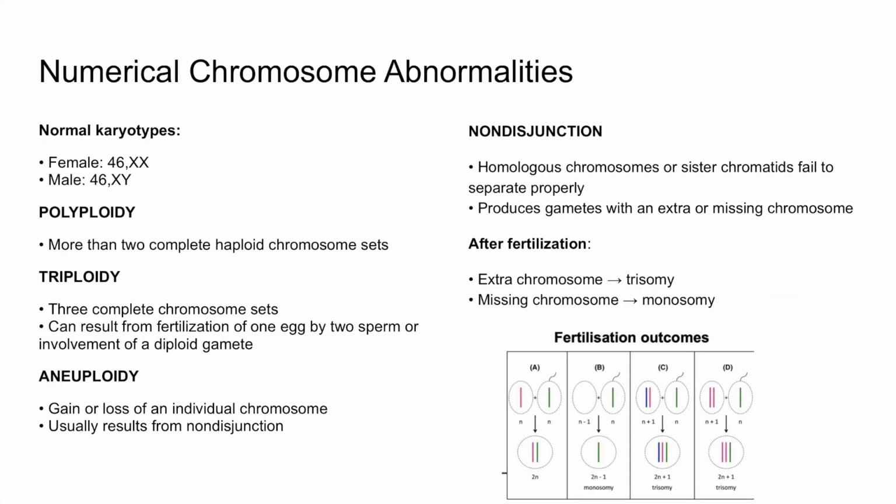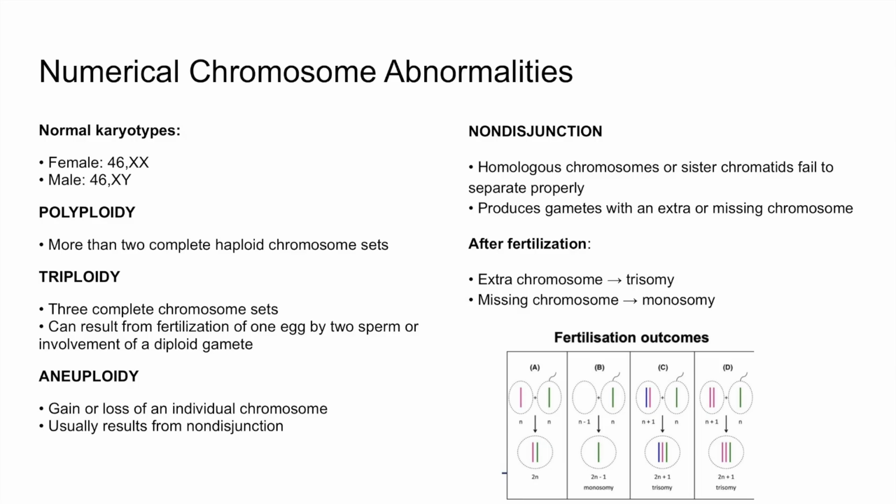A normal human karyotype contains 46 chromosomes, usually 46XX or 46XY. Polyploidy means having more than two complete haploid sets. Triploidy, for example, contains 3 complete sets and may occur when 2 sperm fertilize 1 egg or when a diploid gamete participates in fertilization. Aneuploidy is different because it involves the gain or loss of an individual chromosome rather than an entire set.